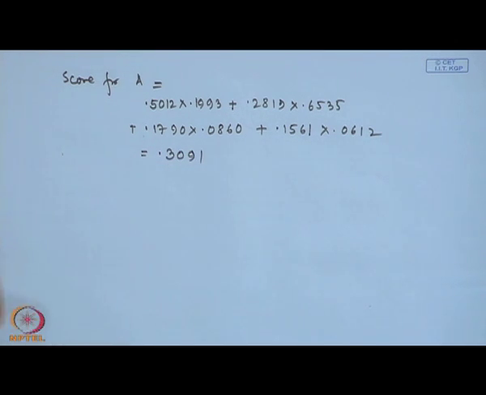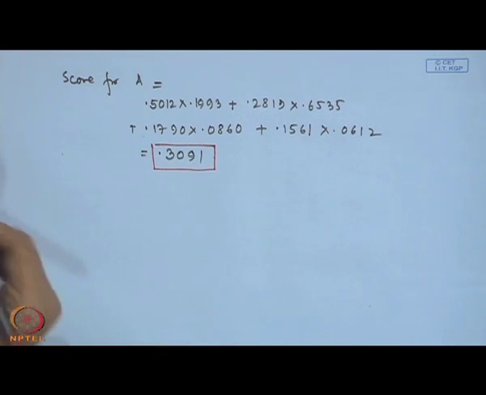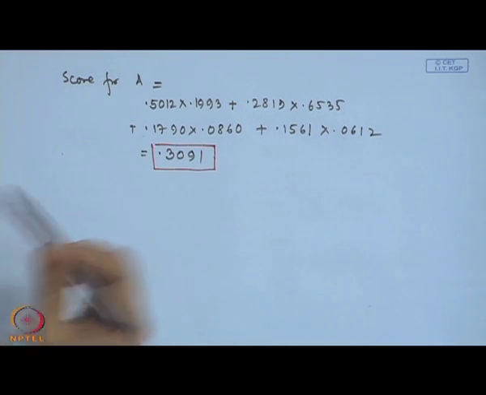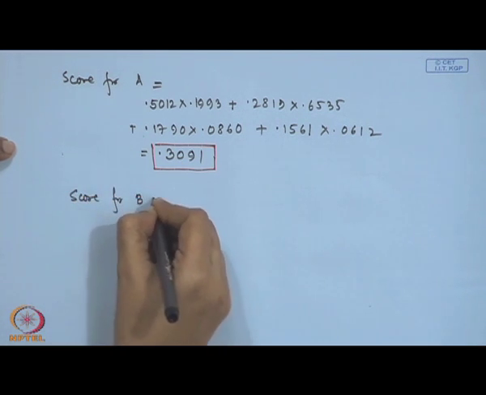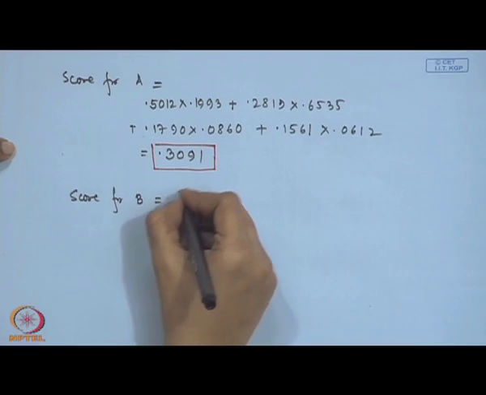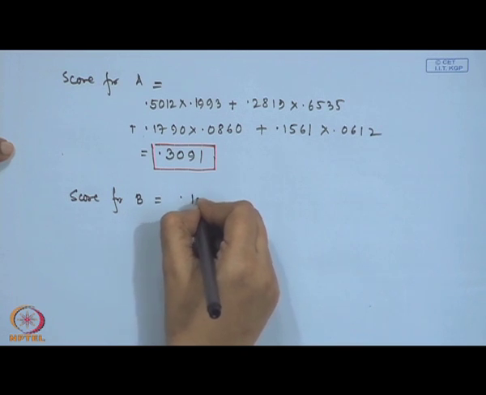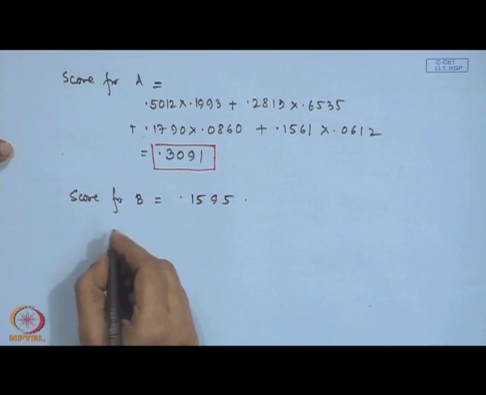This is the overall score for A. Similarly, we can get the score for B by multiplying the second row of the previous matrix with the column, that is, the priority vector of the criteria. We get the score for B as 0.1595, and then the score for C.